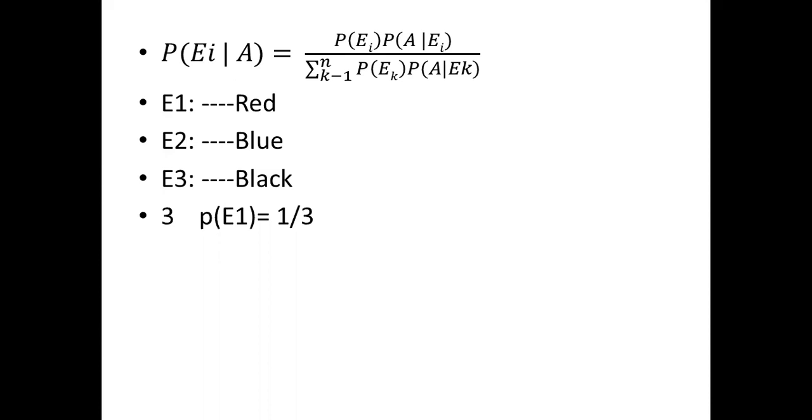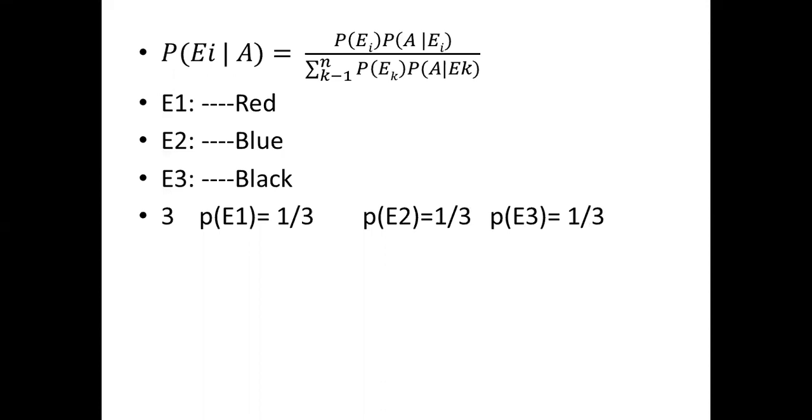Then similarly, for E2 also, the probability of this event is 1 by 3. And the probability of the third event occurring is also 1 by 3.